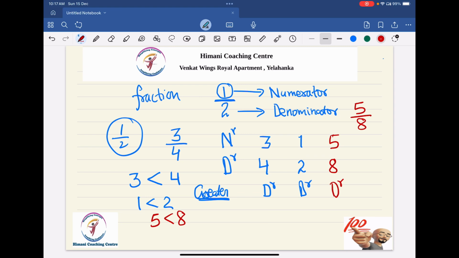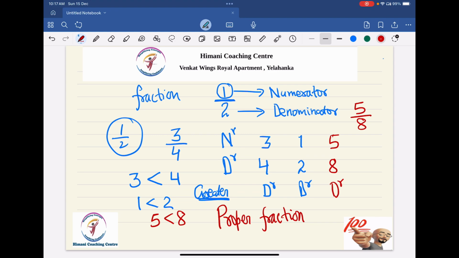So all such fractions in which the denominator is greater than the numerator are called proper fractions. Kids, understand this? Very simple concept. We have to compare the numerator and denominator, and if the denominator is greater than the numerator, then that fraction is called a proper fraction.